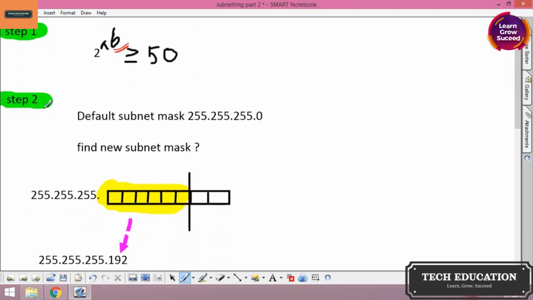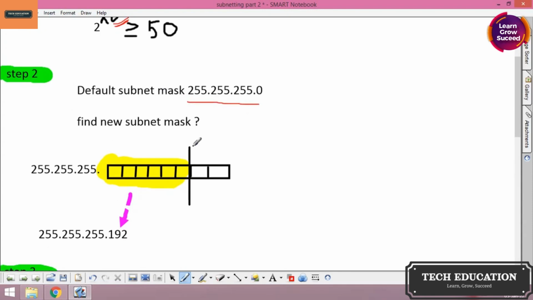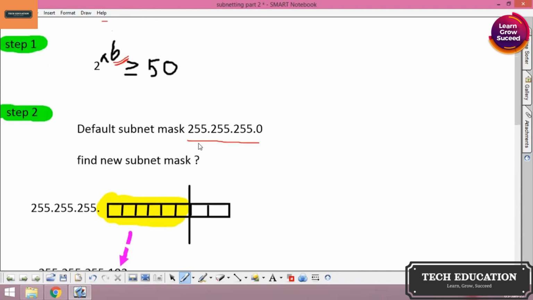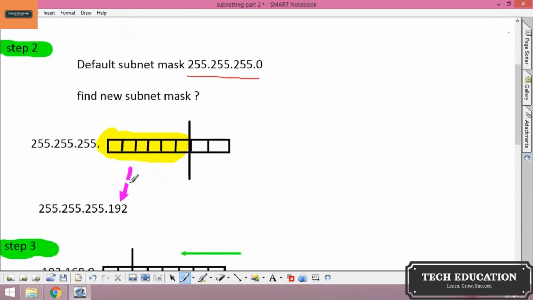So now step 2 is to write the default subnet mask. This is the class C default subnet mask. So now find the new subnet mask. So this is a subnetwork. For the subnetwork we can borrow anytime, right to left. Why?